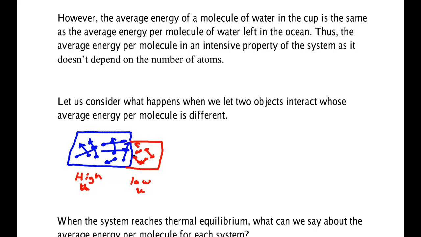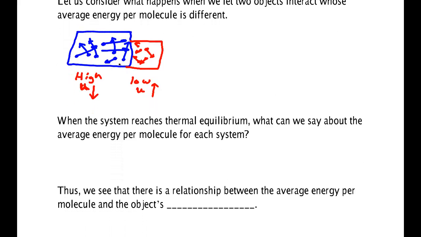So, we know energy is neither created nor destroyed. These are elastic collisions. So when this thing hits, if this one loses energy, the energy it loses goes to the red atoms, which pick up speed. So this U is going to go down, while these U's are going to go up. Now at some point, this thing reaches thermal equilibrium. We said that earlier. So what does that say the condition has to be in terms of the energy? Well, what has to happen is eventually the energy transferred has to stop.